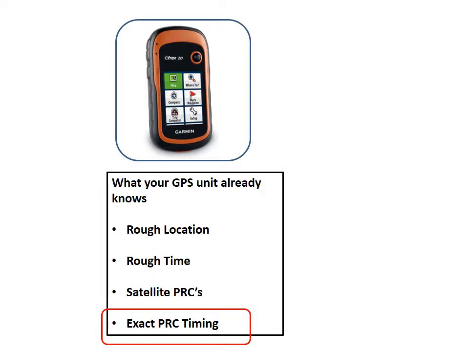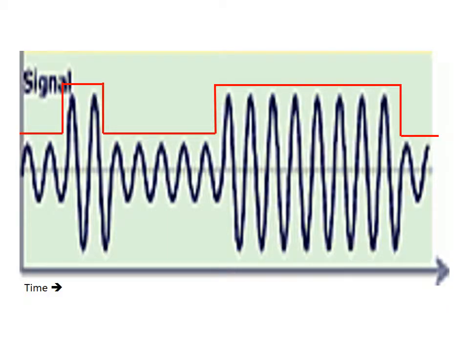And your GPS receiver knows the exact PRC timing for every satellite. This means that for every satellite, your GPS receiver knows the exact point in time that an individual PRC pattern should be starting and stopping. It knows that at this exact moment in time, this part of the PRC should be starting.